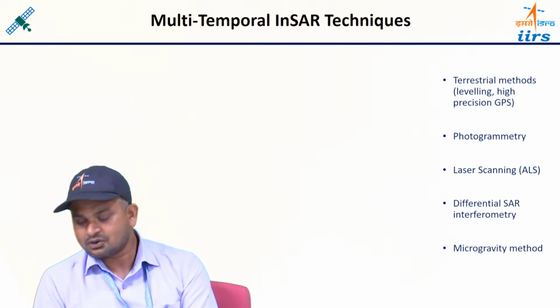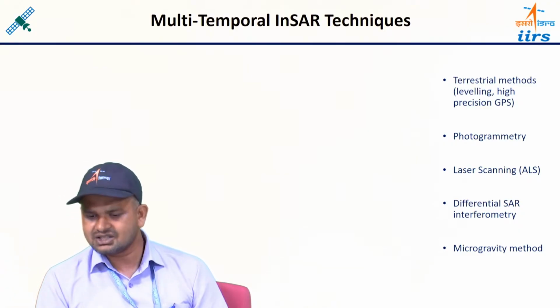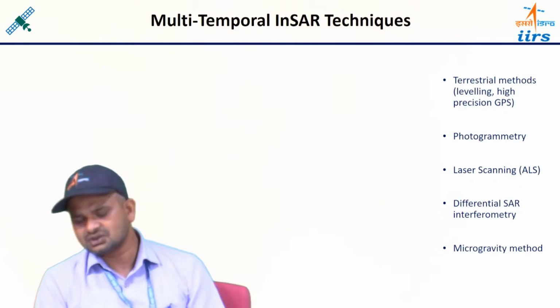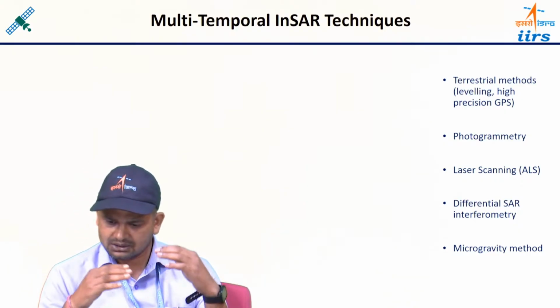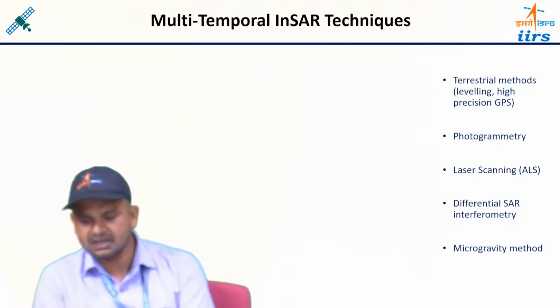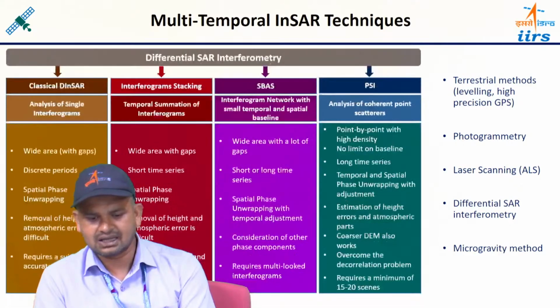So accuracy-wise we are not losing anything. Additionally, we have continuous data and more frequent data sets, so that the deformation can be monitored regularly. So many advantages of InSAR over the other existing techniques are there.